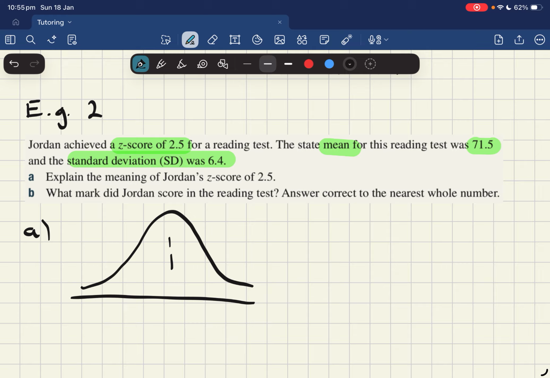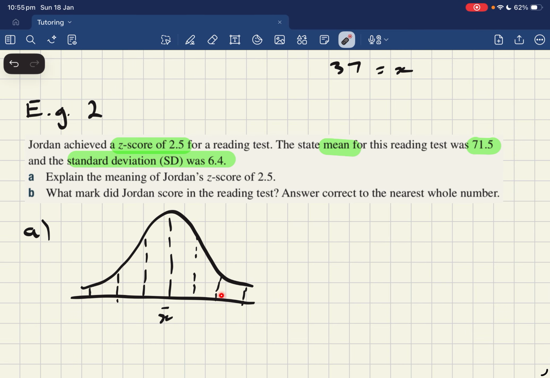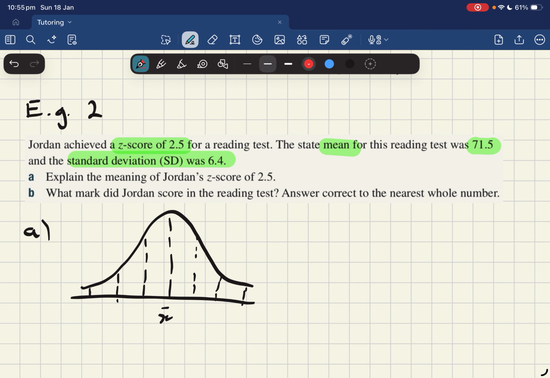So normal distribution, we have our mean. We have 1 standard deviation above or below. We have 2 standard deviations above or below, and then 3 standard deviations. Now, as you get up to this upper part of your normal distribution, the higher up you go, the better your score is. Now, Jordan had a z-score of 2.5, so in between 2 and 3.